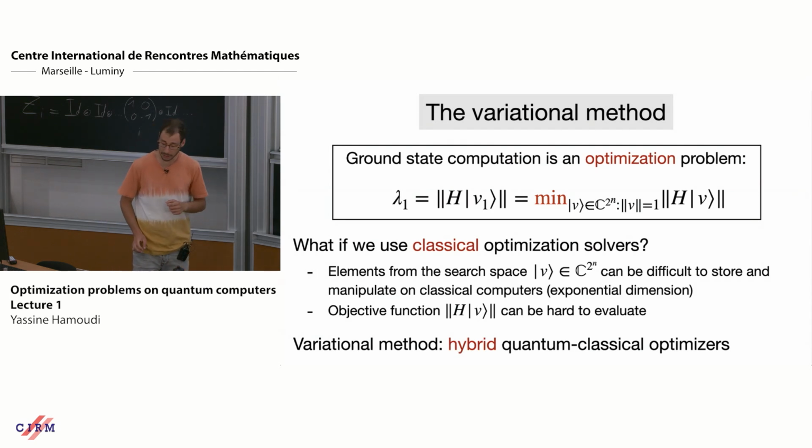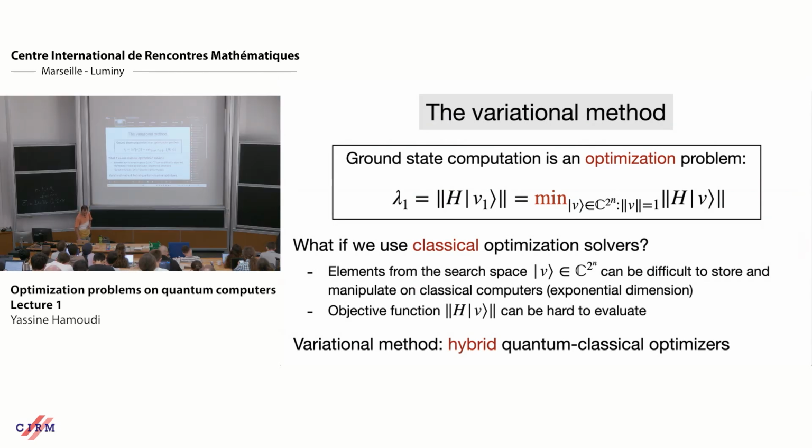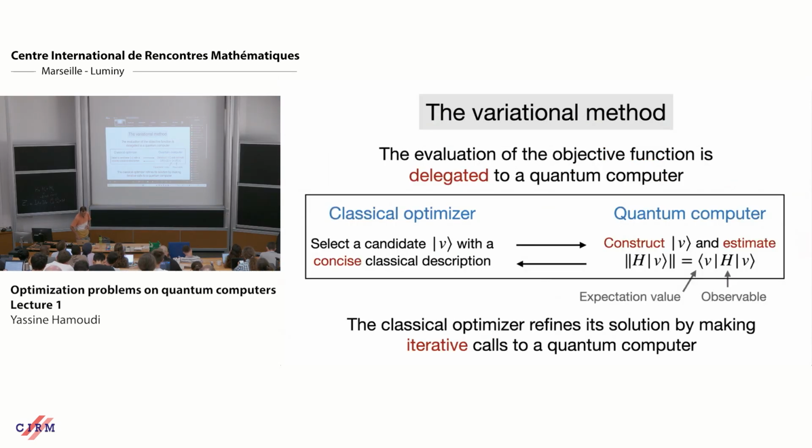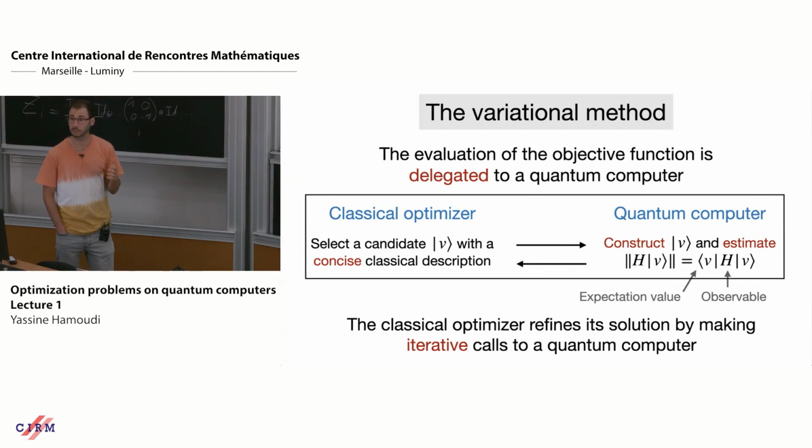The variational method is a way of addressing this issue by using a hybrid approach. This is how it works. On the classical side, you have a classical computer, let's say a supercomputer, and the classical computer is going to select a candidate that has a concise classical description.